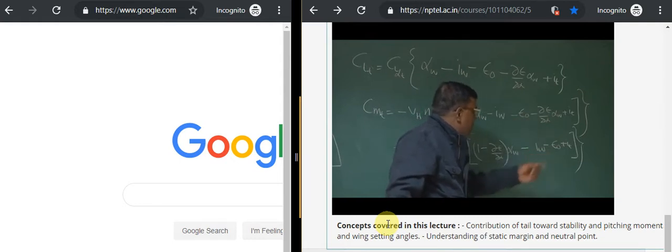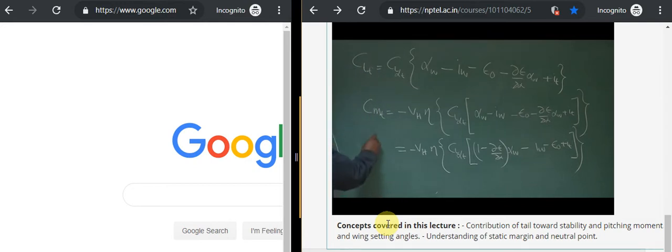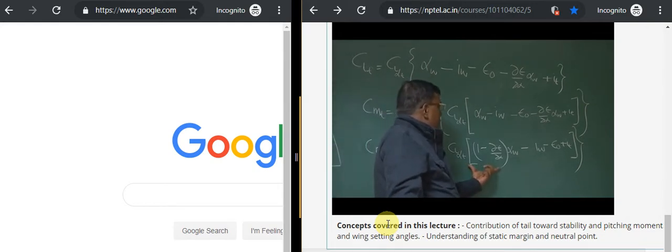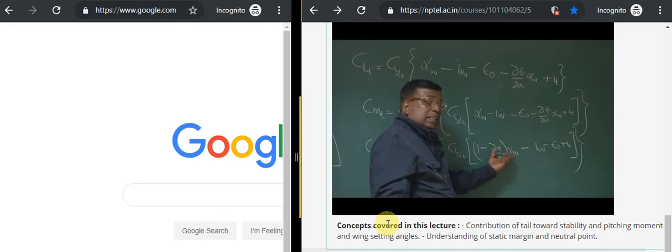And this is CMT. Now have a closer look here. In the CMT, that is the contribution of the tail to pitching moment about CG, there is one term, the first term, that depends upon alpha W and changes with alpha W, and the other is a constant.